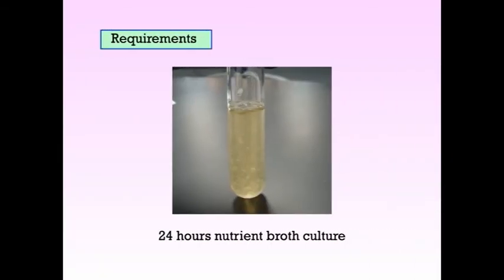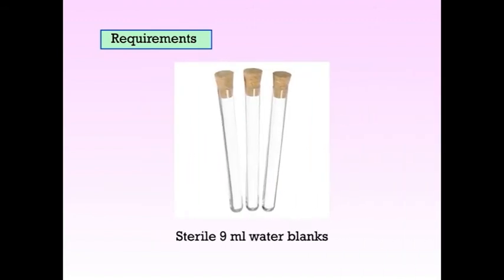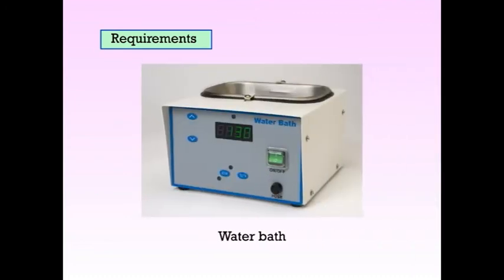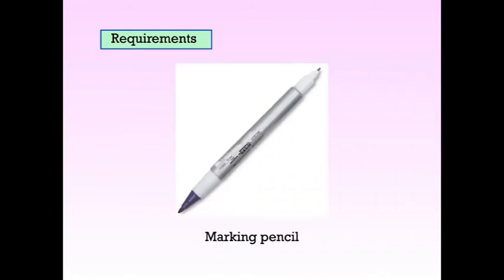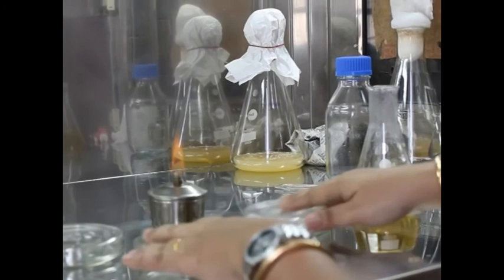In the requirements, a 24-hour nutrient broth culture is required, then culture tubes, sterile 9 ml water blanks, sterile Petri plates, water bath, spirit lamp, marking pencil, etc. Then in the procedure, first, serial dilution of the sample is done.